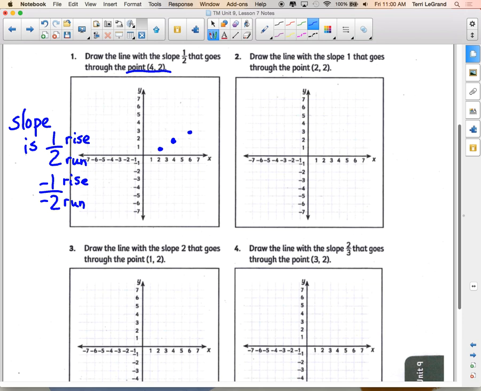And can you put a ruler through those 3 points? By the way, at least for this point, let's put its ordered pair name so we know where we started over here. Okay, so that one. Can you line up a ruler through your 3 points? Yes. Okay, I'll see if I can.